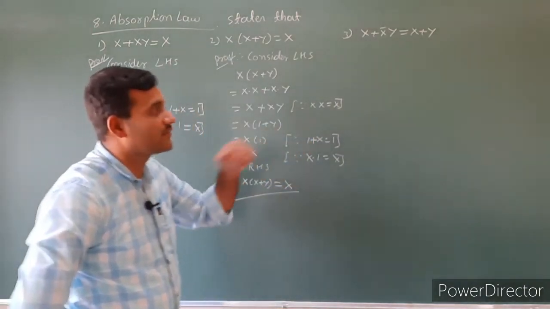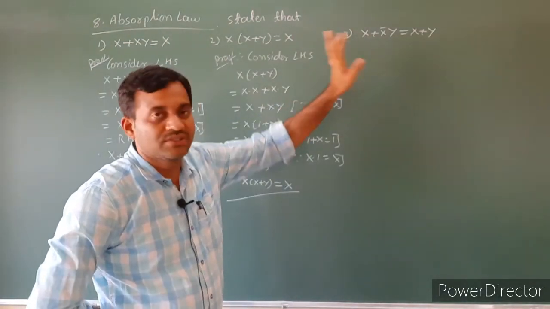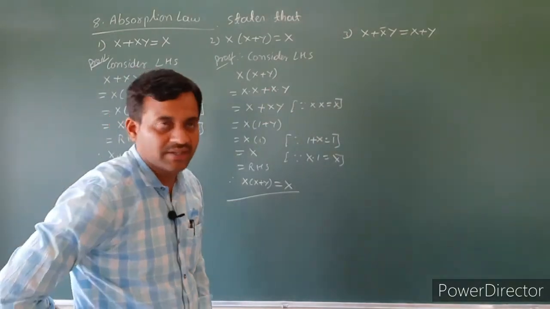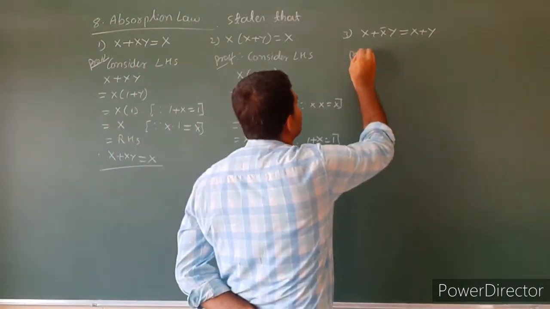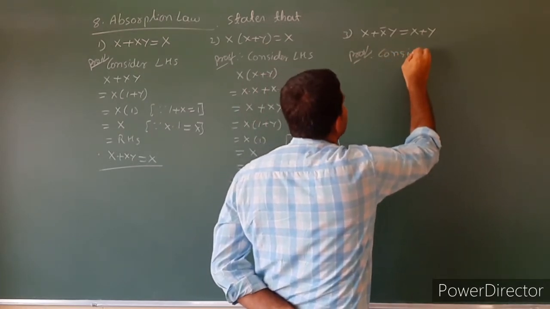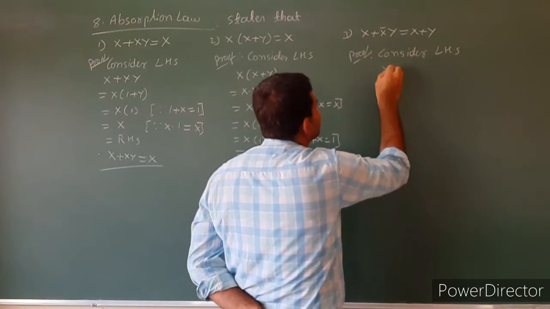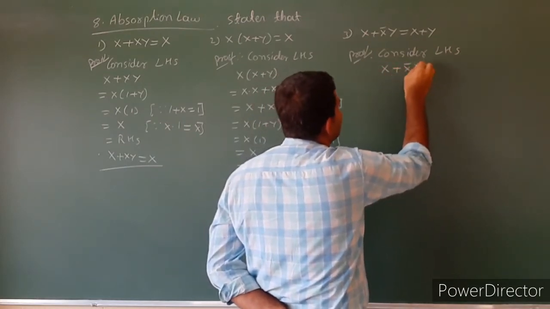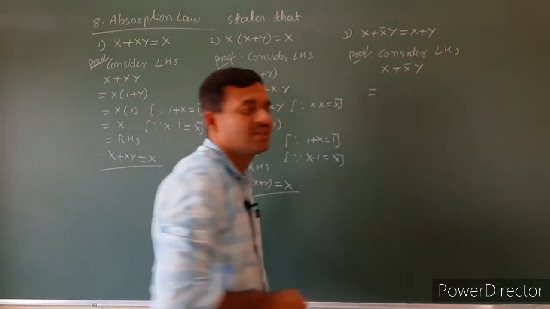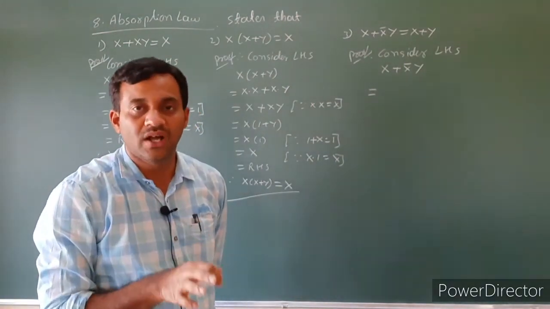Then consider the third one, third absorption law, x plus x bar y which is equal to x plus y. Consider the left hand side. Say values are x plus x bar y. Just apply the distributive law.